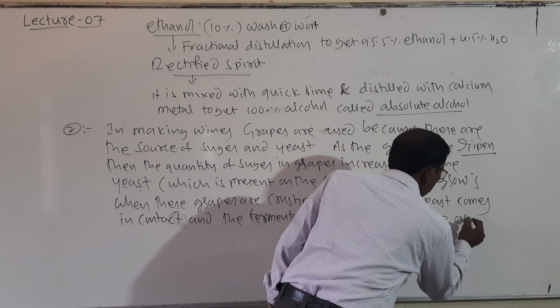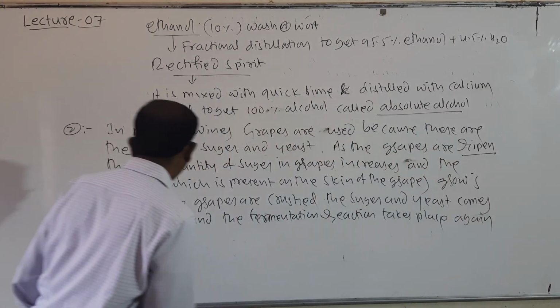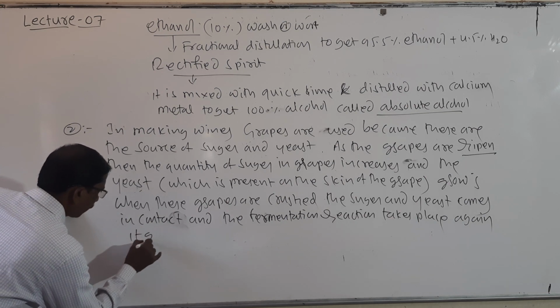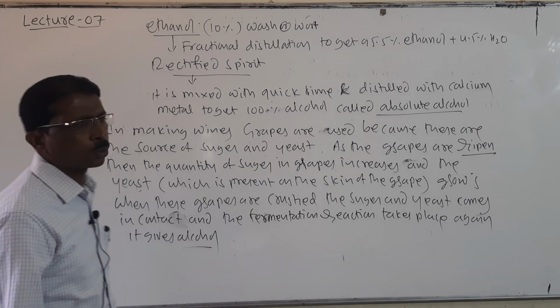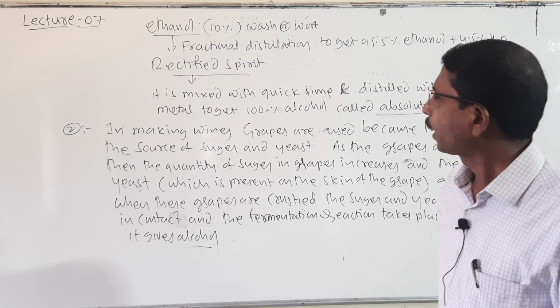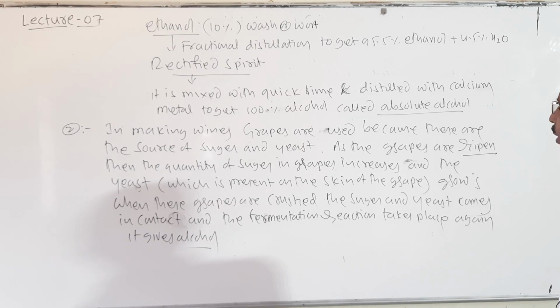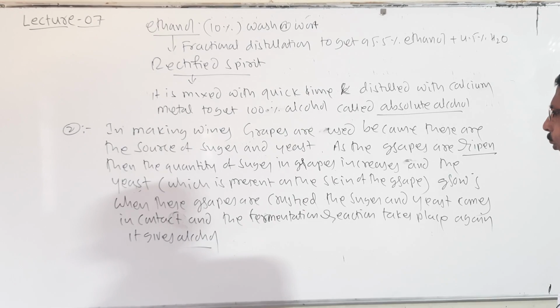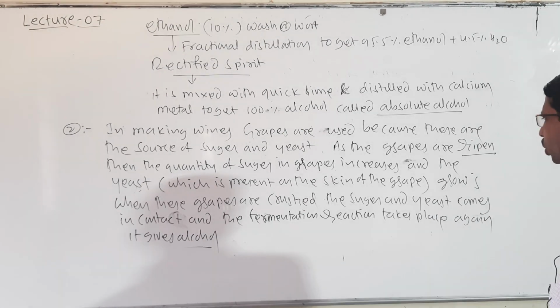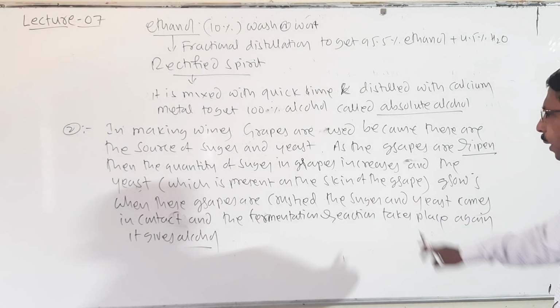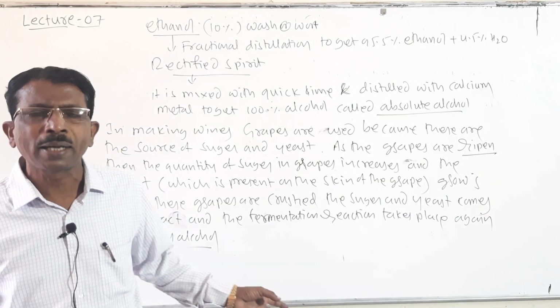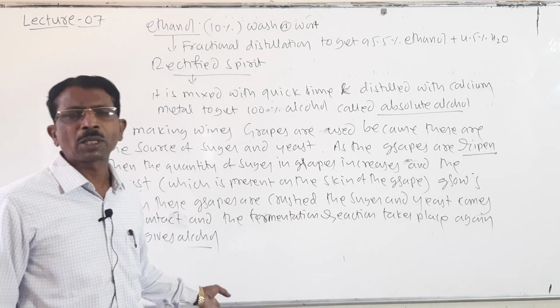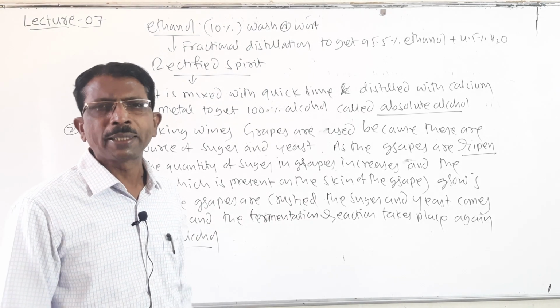Again it gives alcohol. Look here, students. In making wines, grapes are used because these are the source of sugar and yeast. As the grapes ripen, the quantity of sugar in grapes increases and the yeast, which is present on the skin of the grape, grows. When these grapes are crushed, the yeast comes in contact with the sugar and the fermentation reaction takes place and it forms alcohol. Again the same reaction takes place.